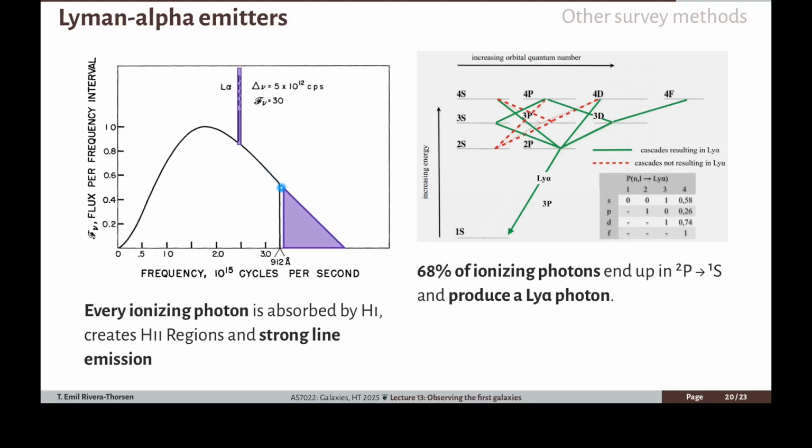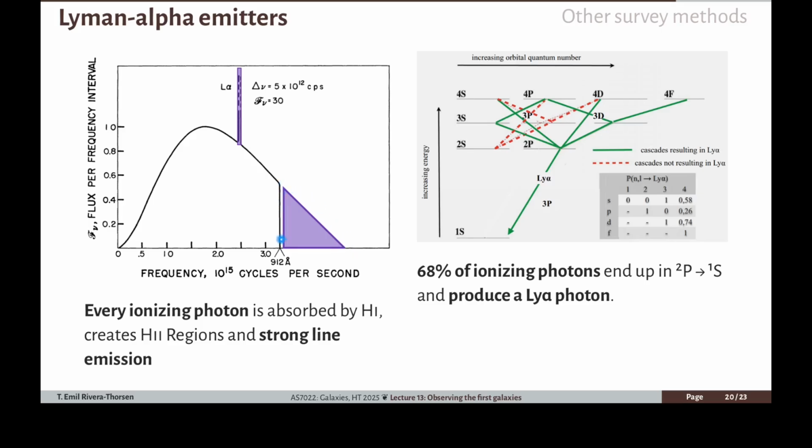And at some point right here at 912 angstrom, we reach the limit where they have enough energy to ionize neutral hydrogen. And that means that all the photons inside this purple area here are absorbed by the gas. What then happens is that the gas recombines and gives rise to a series of emission lines.